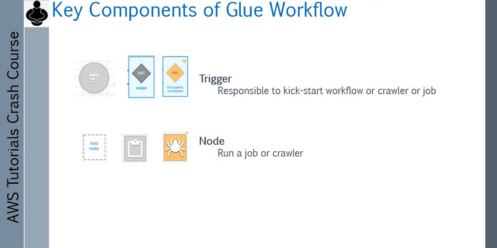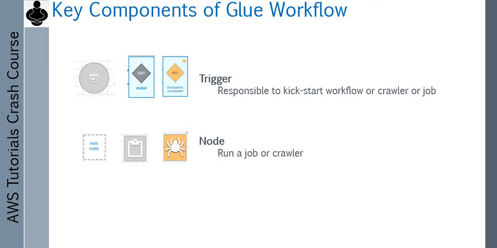Trigger kickstarts, but the actual job or crawler is run by node. These are the two components which you can use to configure the workflow, and that makes workflow pretty simple and straightforward, because all you need is these two components, and you can simply configure your whole pipeline for the execution.